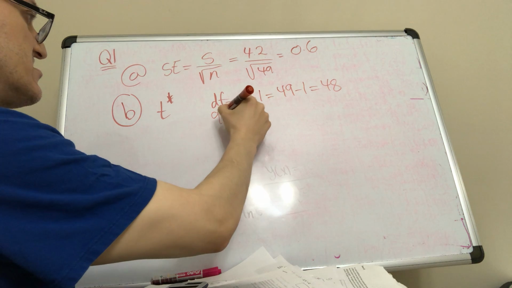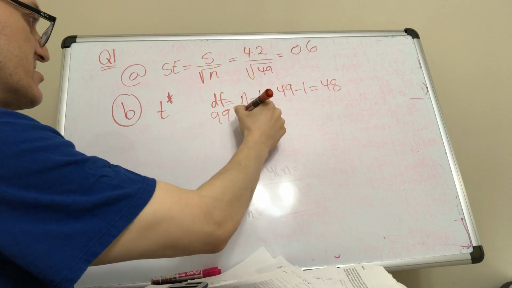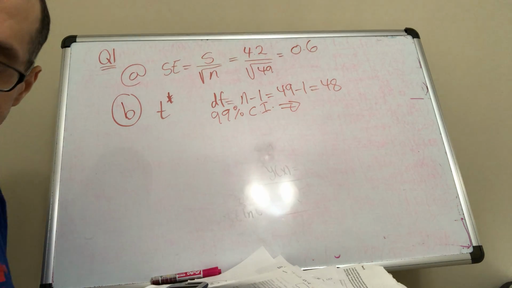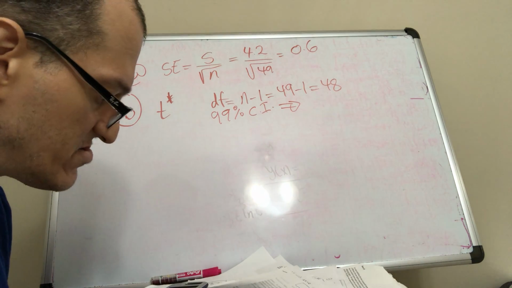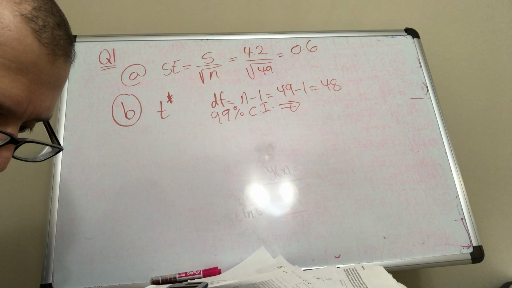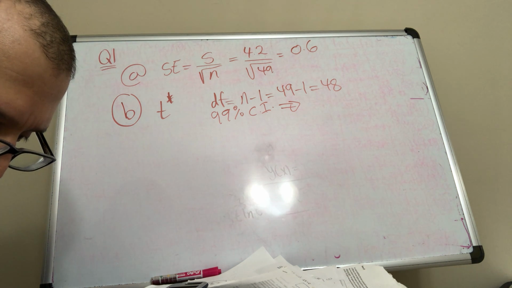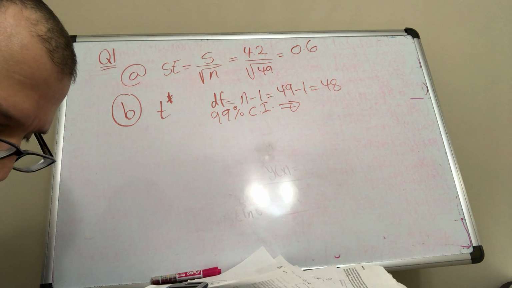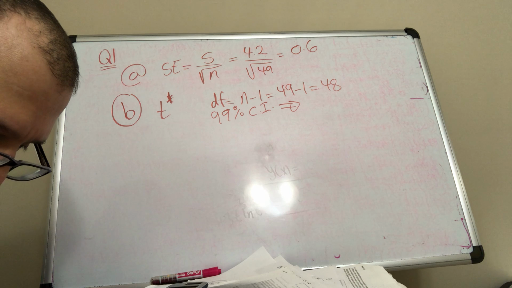And it's at 99% confidence interval. So you use the t-table provided for you. I don't have access to that t-table, so I can Google it from the internet. Just any t-table would do.